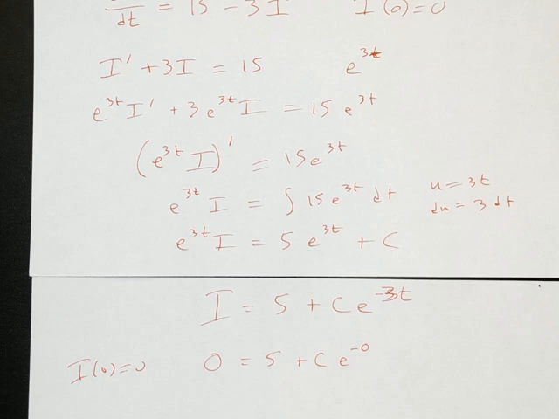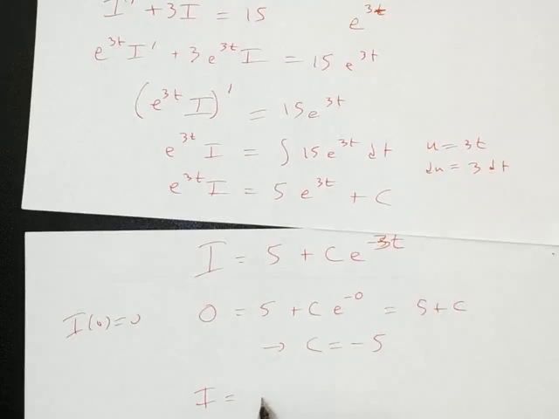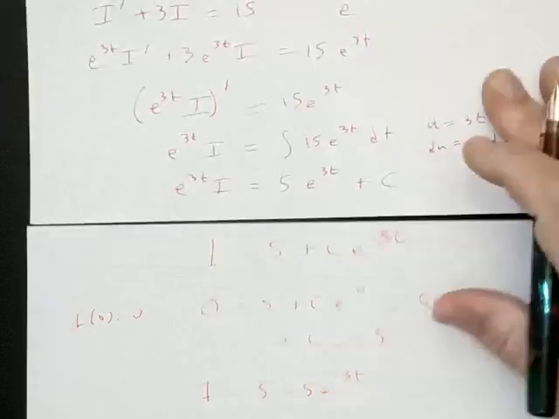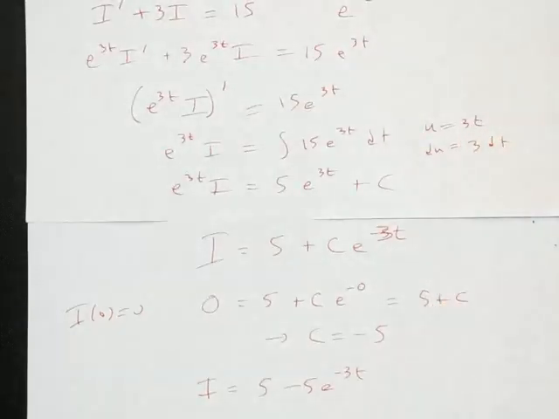That's not supposed to stump the room. Ta-da! My current equation is 5 minus 5 e to the minus 3t. And if you go back to last Monday, that's the exact same equation we got then. Only I didn't need to do a bunch of redividing.